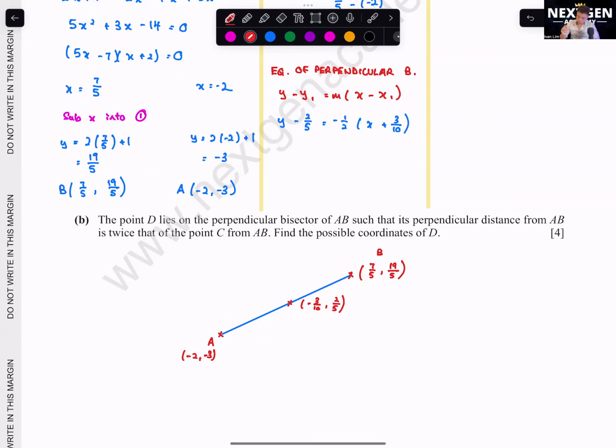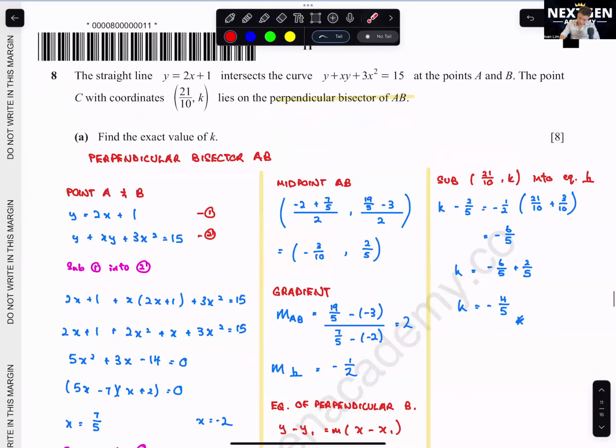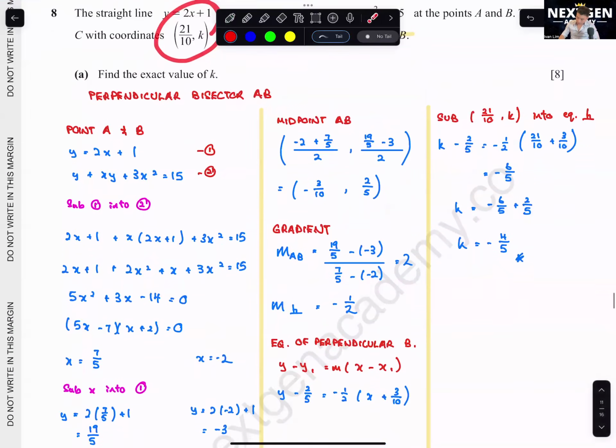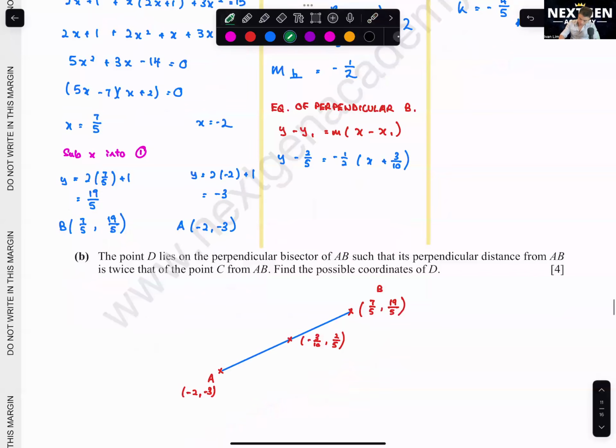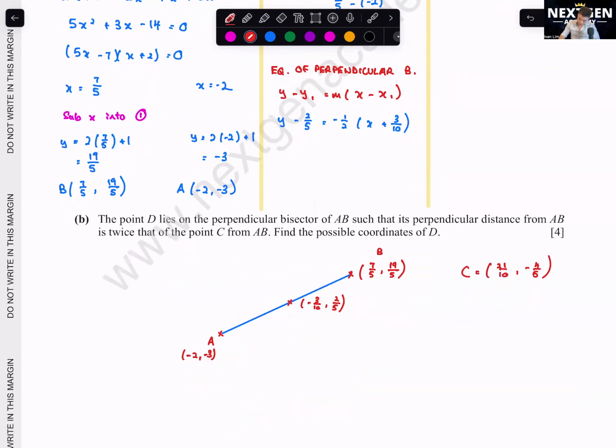What are they asking over here, or what are they stating over here? They are saying that there's a point C. Where's the point C? Point C is (21/10, k), which is (21/10, -4/5), on the perpendicular bisector.